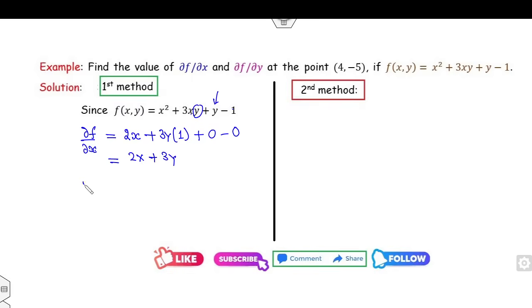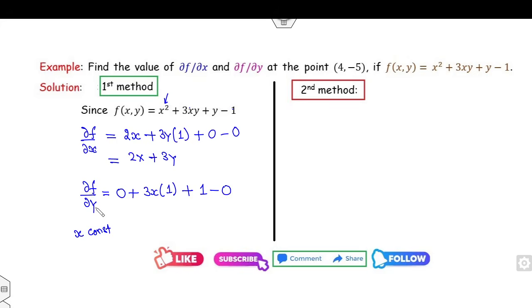Similarly, you can find the partial derivative of f with respect to y. That means x is my constant. If x is constant, then what is the derivative of x square? 0. What is the partial derivative of the next term? 3x stays outside, the derivative of y is 1, and the last term is 0.